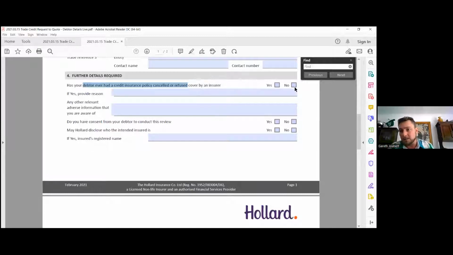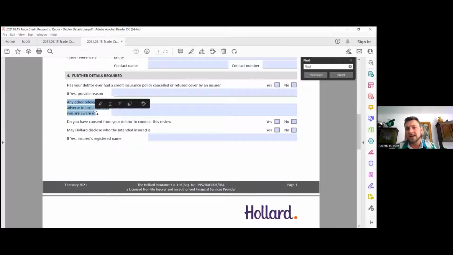It doesn't mean that it becomes an outright no, because there are various reasons why the other insurers would have declined that opportunity, and not all of them are bad. But over here, we would just like to know so that we can underwrite with our eyes open. So has this debtor been refused cover? Yes or no? Obviously, if yes, why? Is it because they haven't paid? Are they going under? Are they in deregistration? All of those things, because that'll assist us in making as quick a decision as possible.